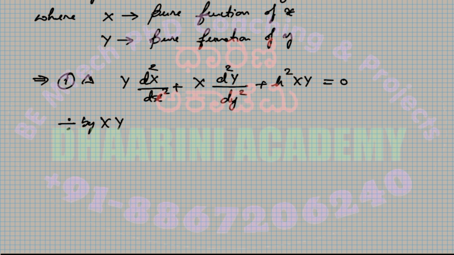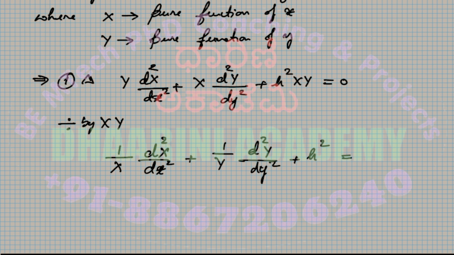So you can see when you divide by XY throughout, this becomes 1 divided by capital X into d square capital X by d small x square plus 1 divided by Y d square capital Y by d small y square plus h square is equal to 0. So I understand that this function has only y, correct? This has only x in it, right?